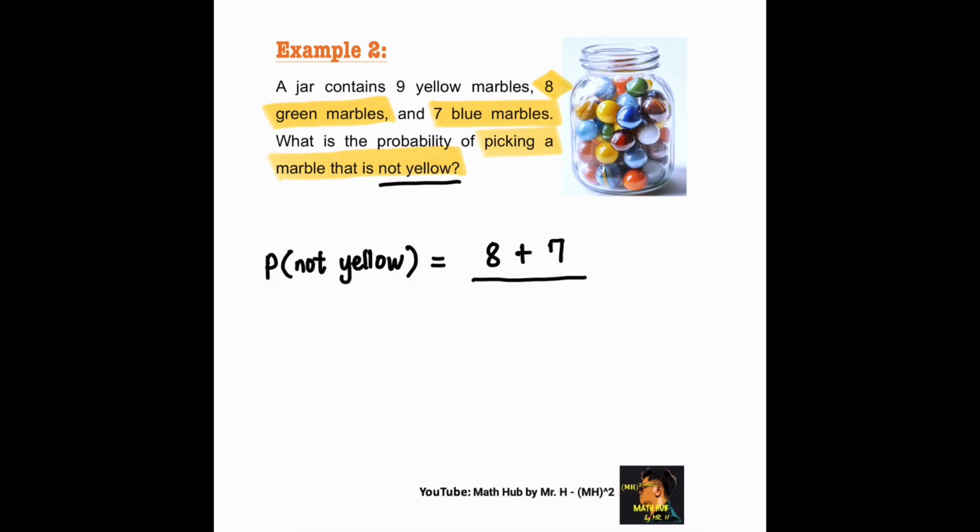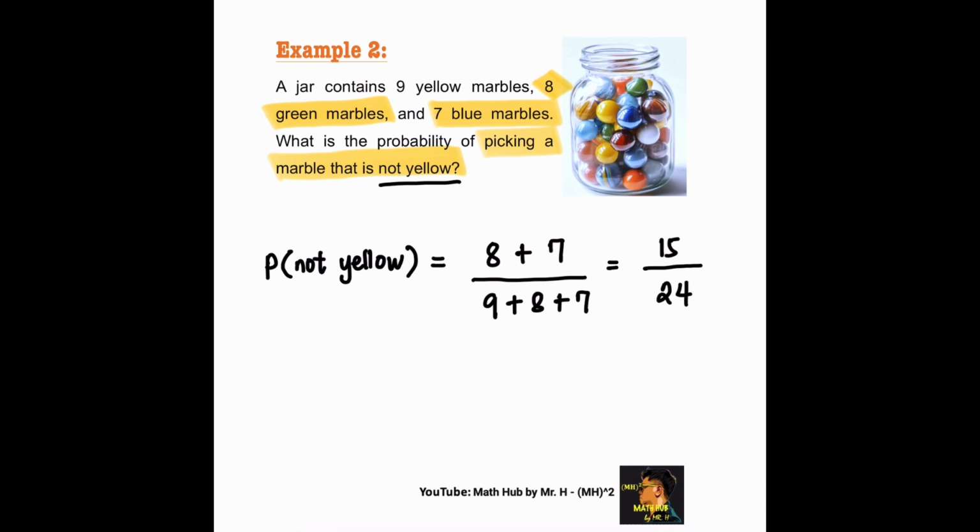So we have 9 plus 8 plus 7. 8 plus 7 is 15, divided by 9 plus 8 is 17, plus 7 is 24.